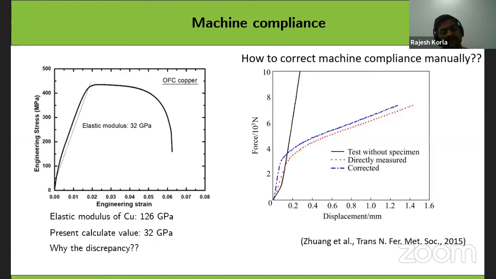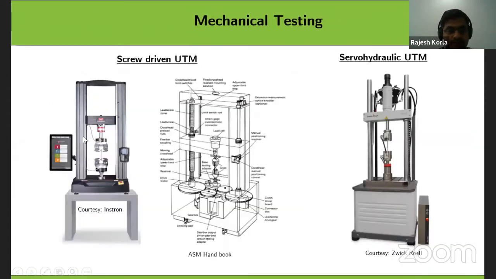Because the displacement from which you are calculating the strain is basically the crosshead displacement. In this uniaxial machine, you are getting the displacement of the crosshead, which includes the strain from the sample and the relaxation in the grips, and also some amount of elastic deformation of the grips, and some amount of elastic deformation of the pull rods. All together will come into the crosshead.